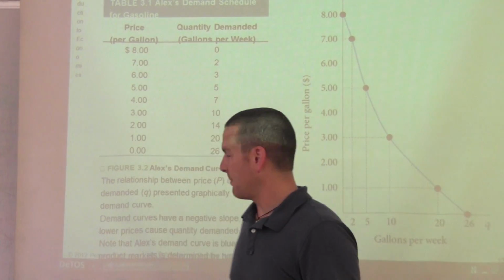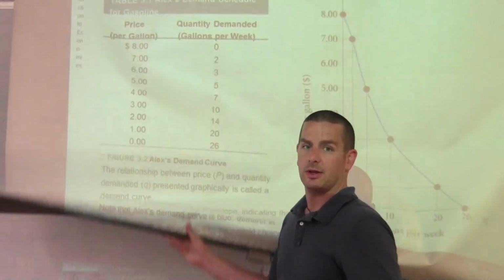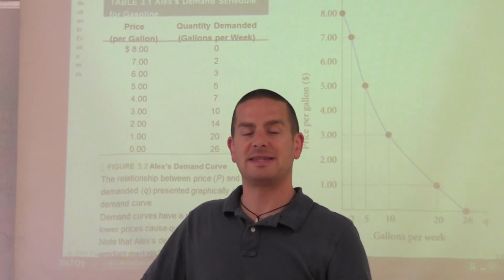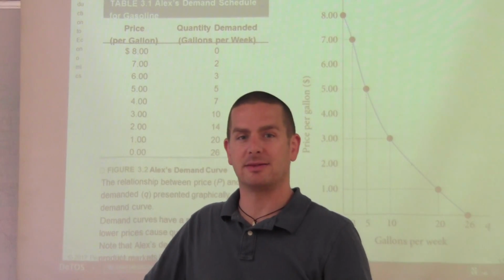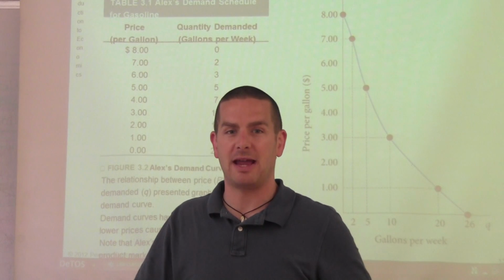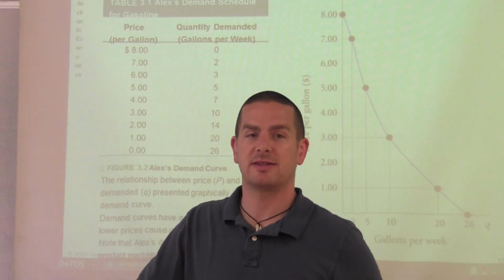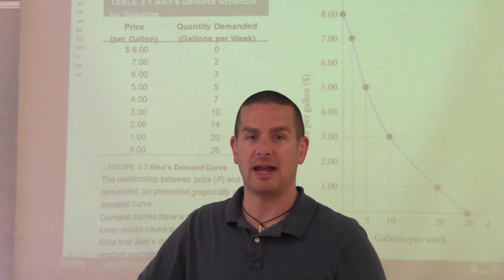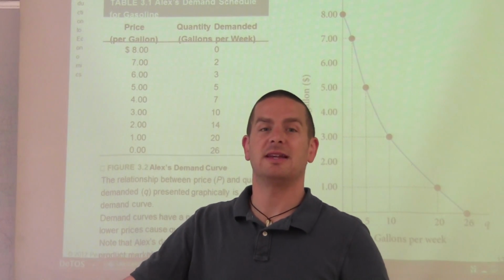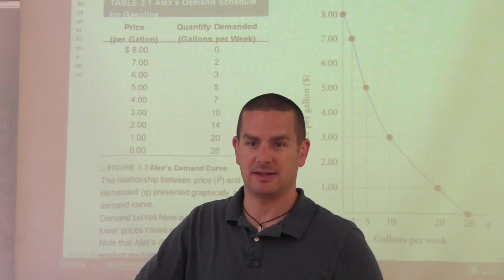Remember what I put on the board. Price affects quantity demanded. Price does not affect demand. Income, expectations, anything else affects demand. But it is incorrect to say price affects demand. The only thing that price affects is quantity demanded.